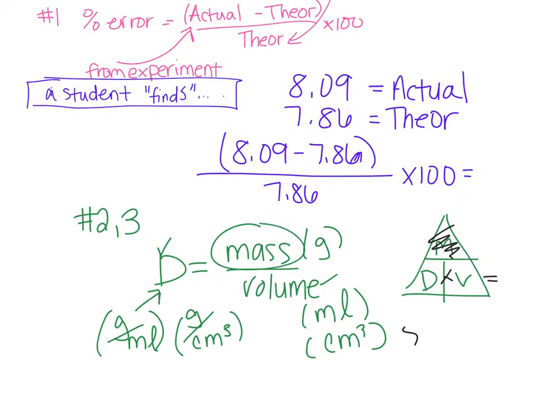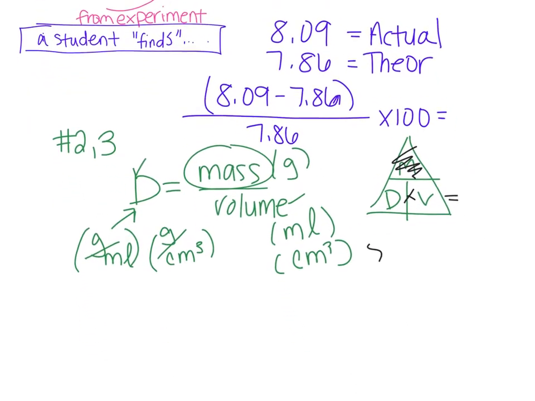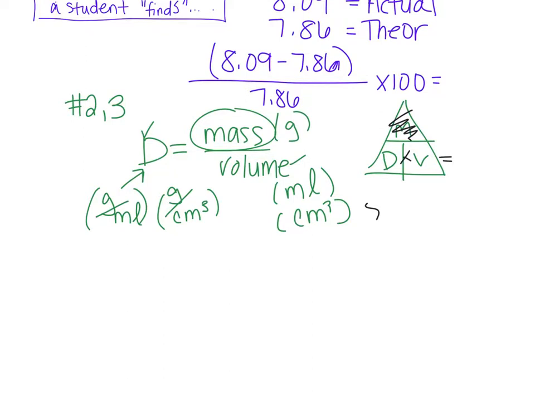So that's it for Unit 2. No, just kidding. One more thing for Unit 2. On question number 4, it's talking about accuracy and precision, so just a quick reminder. Accurate means how right you are.